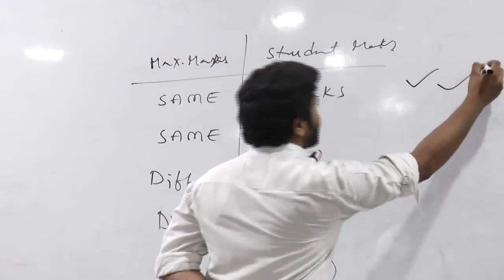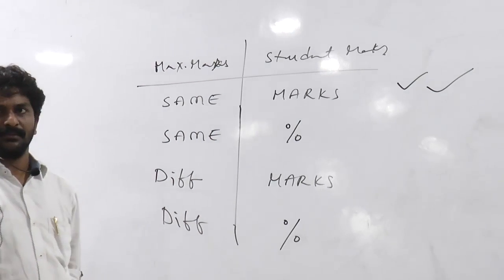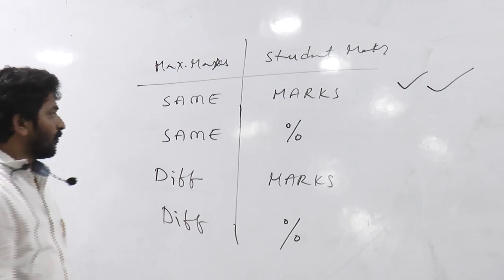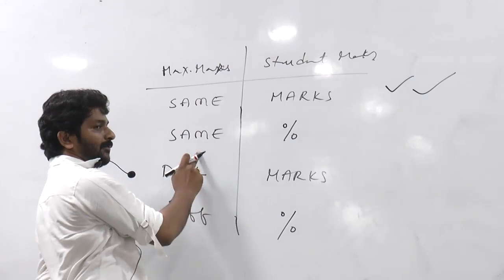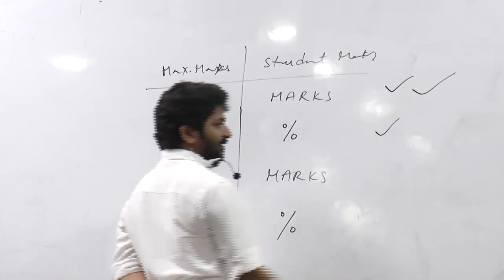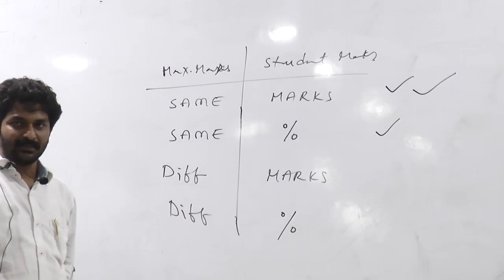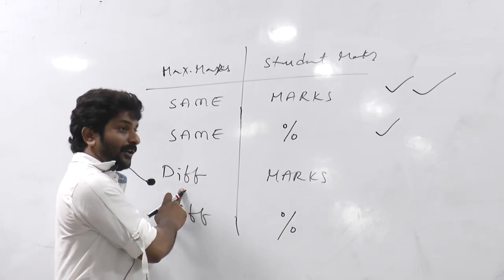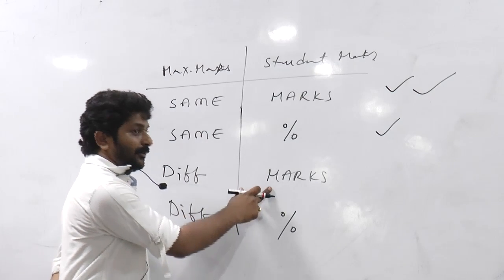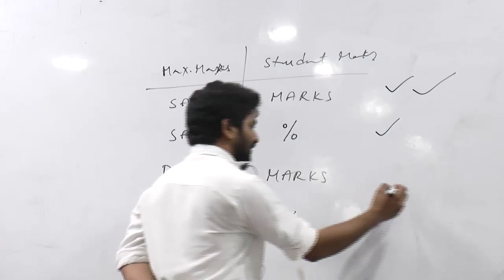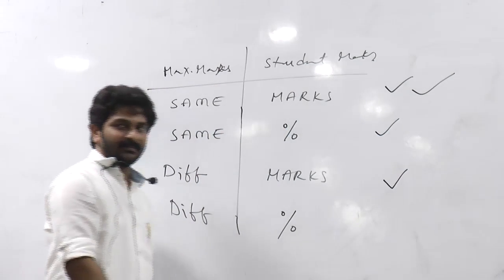This is the easiest one. If you have the same number of marks, yes, still you can pick this. If you have different maximum marks, but information is given in number of marks, still you can pick this.